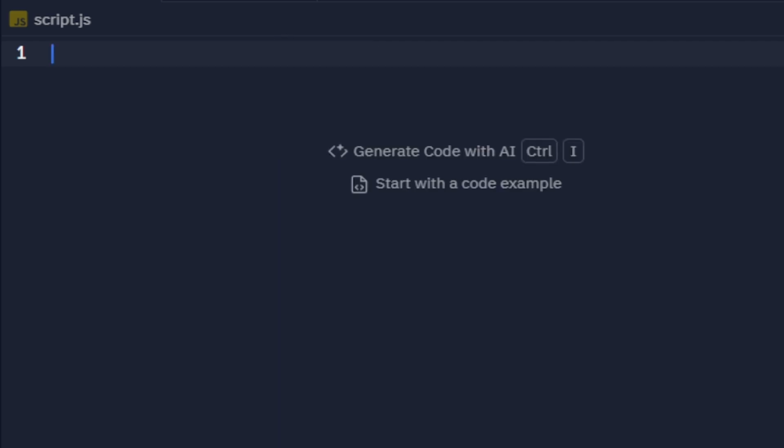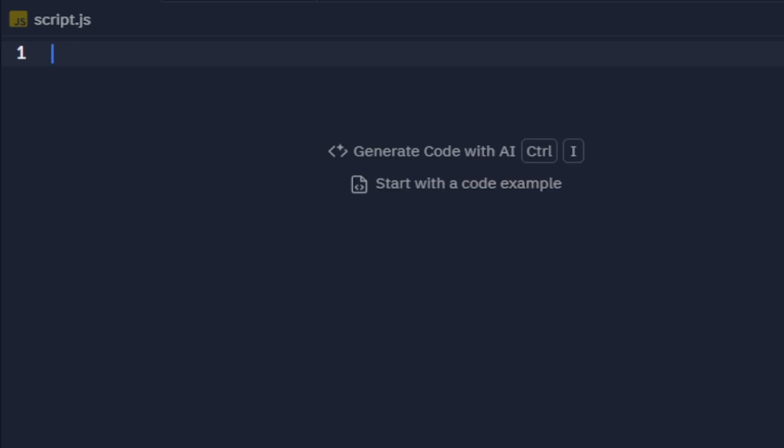Now let's talk about all the assignment operators. We talked about one assignment operator, which was the equal sign, but there are more. The first one is plus equal to. What this does is it adds a value to a variable.